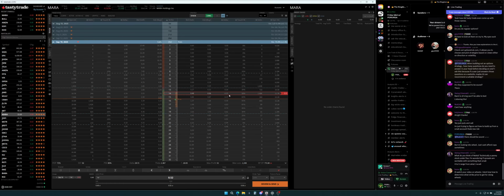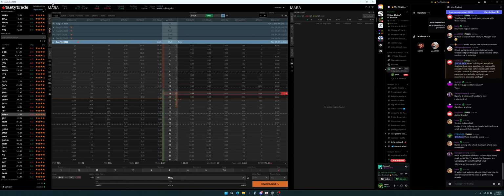That's just from a probability standpoint, it is less likely that you're going to get hit at a 32 Delta. Not necessarily true, there are times it will get hit. But the main thing is I look for 30, 32 Delta, but then the other main component is I look for a 2% return on my capital. So in terms of a cash secured put, that's going to be your strike times 2%.